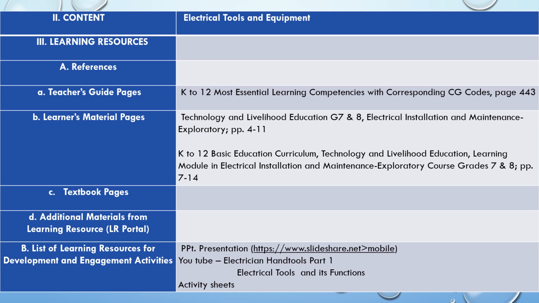For the learner's material, Technology and Livelihood Education Grade 7 and 8, Electrical Installation and Maintenance Exploratory, pages 4 to 11, and the K-12 Basic Education Curriculum, Technology and Livelihood Education Learning Modules in Electrical Installation and Maintenance, Exploratory Course, Grade 7 and 8, pages 7 to 14. For letter B is the list of learning resources for development and engagement activity. We have the PowerPoint presentation, which can be done through YouTube or an activity sheet.